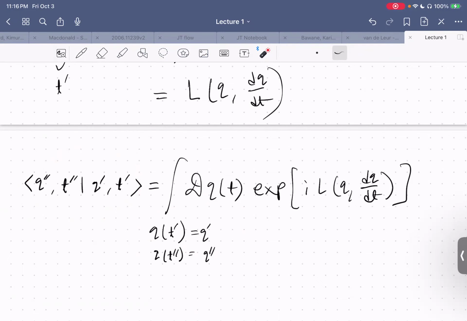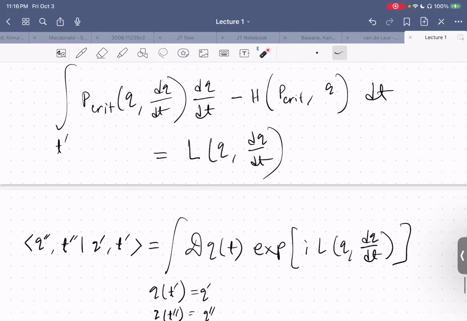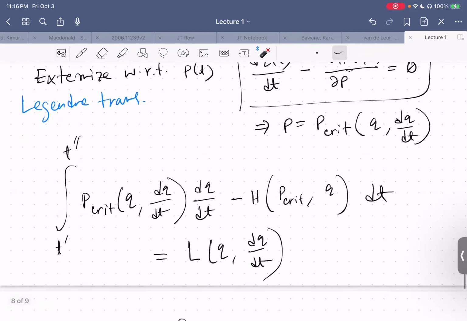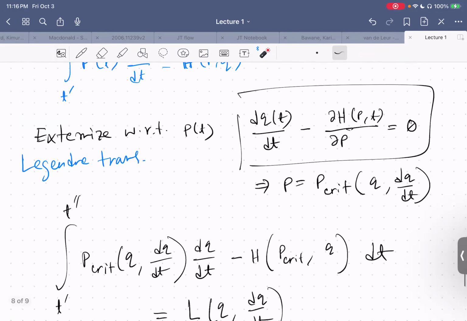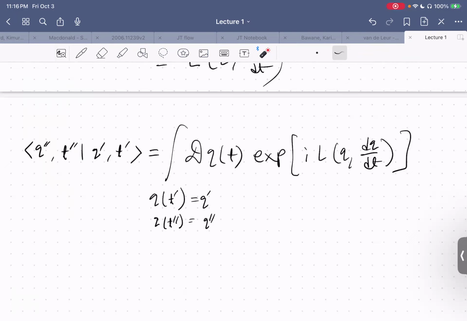So tomorrow, maybe I will explain a bit more about the technicalities of doing calculus with functions as opposed to single variables or discrete variables. And then we will go from quantum mechanics. Recall, all we have done so far is in the realm of quantum mechanics, right? So we had a single particle.